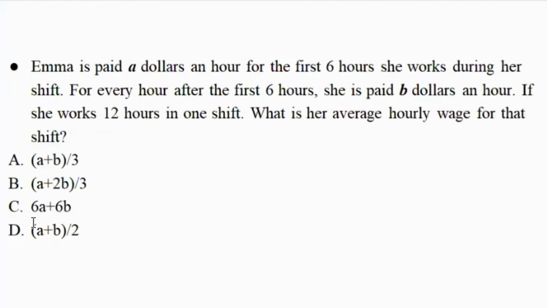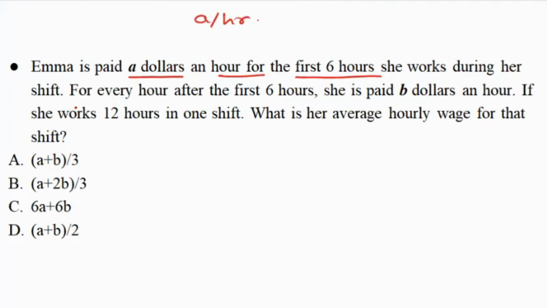Now we are moving towards question number 4. The question is saying that Emma is paid $8 an hour for the first 6 hours. Okay, for the first 6 hours, she is paid $8 per hour, whatever the timing she is working.